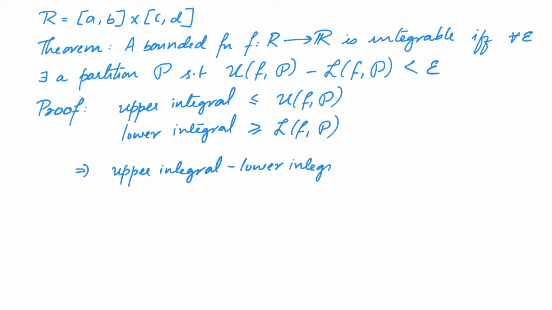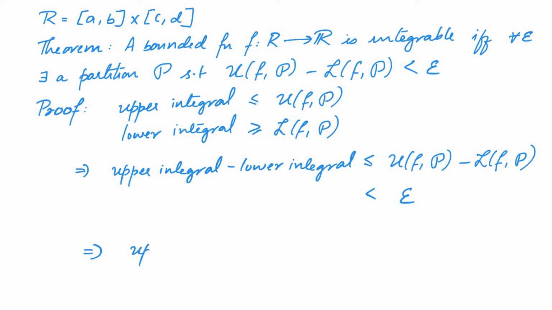But we have assumed that there exists a partition P such that U(f,P) minus L(f,P) is less than epsilon. In other words, given any epsilon, you can find such a partition. Therefore, upper integral minus lower integral should be less than epsilon for all epsilon. As epsilon is arbitrary, this would imply that upper integral is equal to lower integral. But this implies that f is integrable and thus we have completed the proof of the theorem.